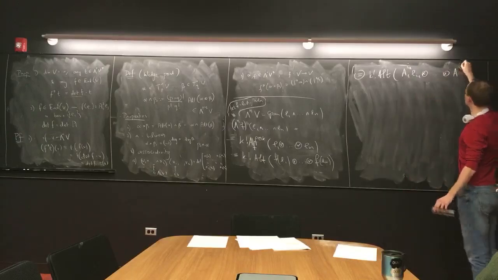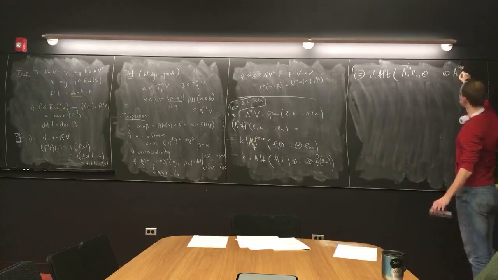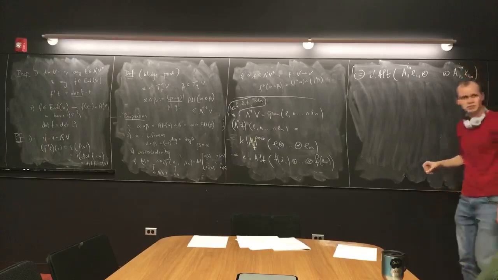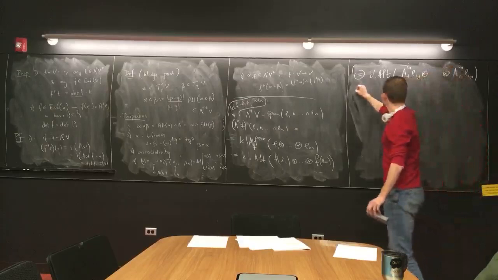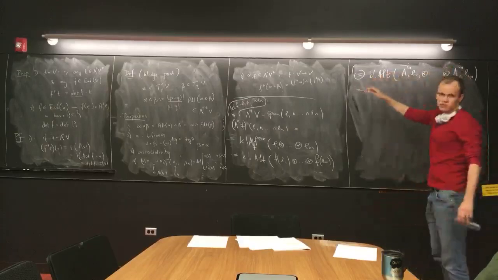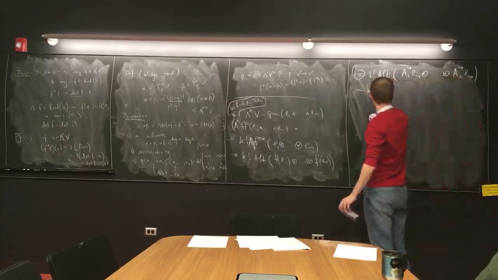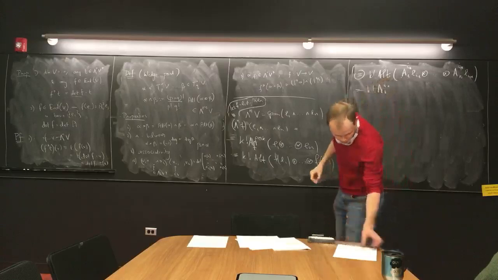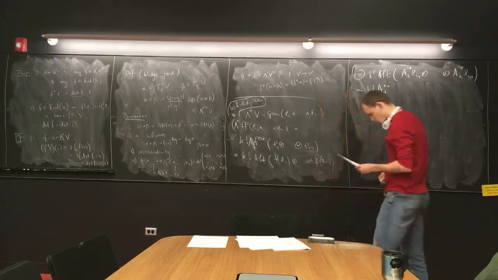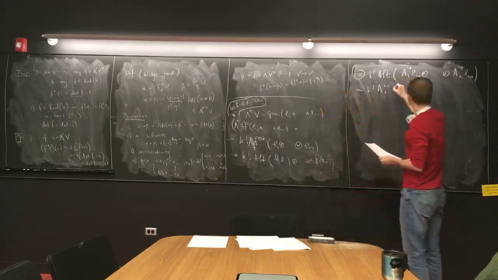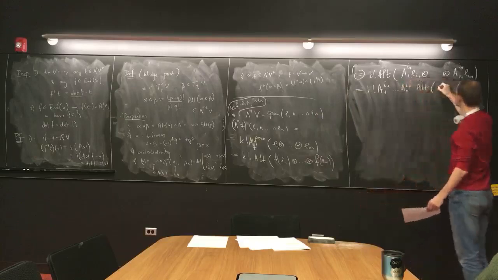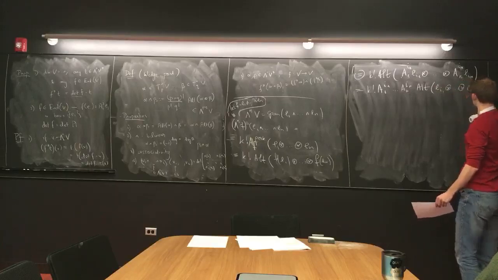Tensor A_{i1...in} e_{i1} ⊗ ... ⊗ e_{in}, right? With Einstein summation. So these A's are all numbers, so I can just pull them out, k factorial, A_{i1...in} alt(e_{i1} ⊗ ... ⊗ e_{in}).